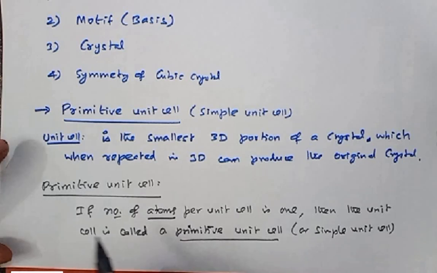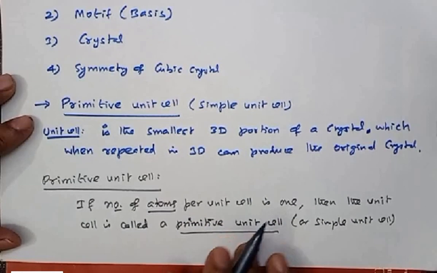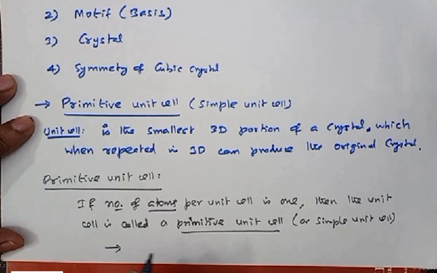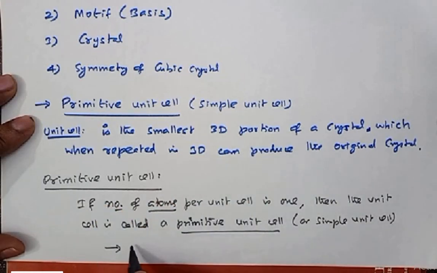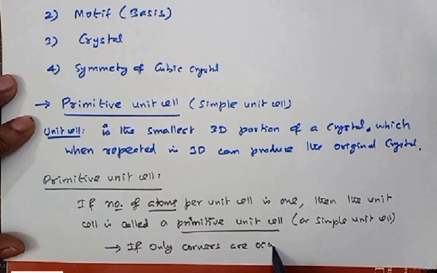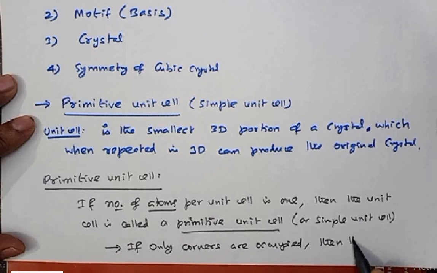Okay, just for understanding purpose, we also say like this: in the case of cubic unit cell, if only corners are occupied, then the unit cell is called as primitive unit cell or simple unit cell.